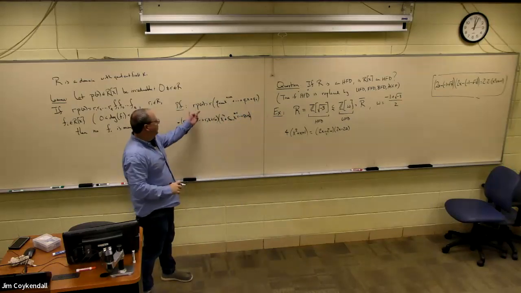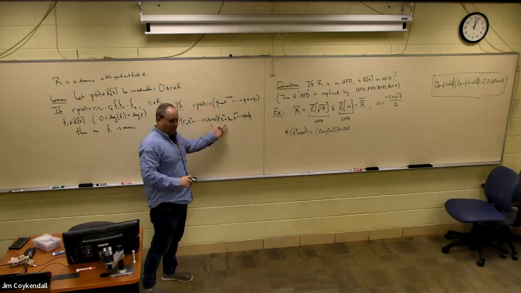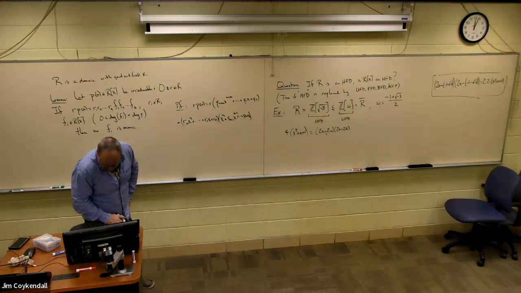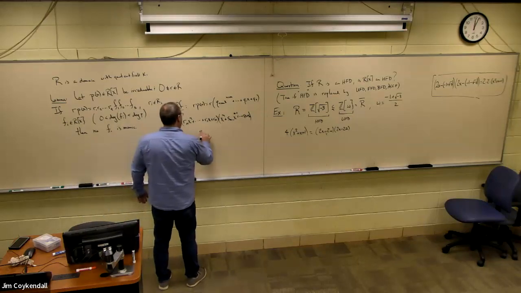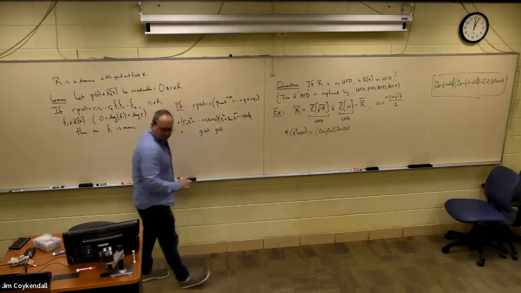Okay, suppose that I can hit R times P of x with some constant, and it splits down into two factors, and one of them's monic, right? I want to get some kind of contradiction from this. And I'm going to call this last one, by the way, G1(x), G of x, I guess.